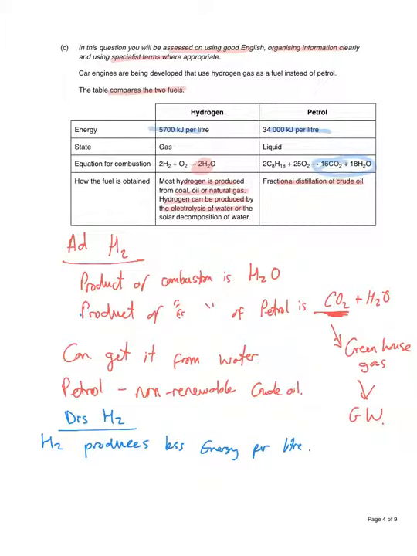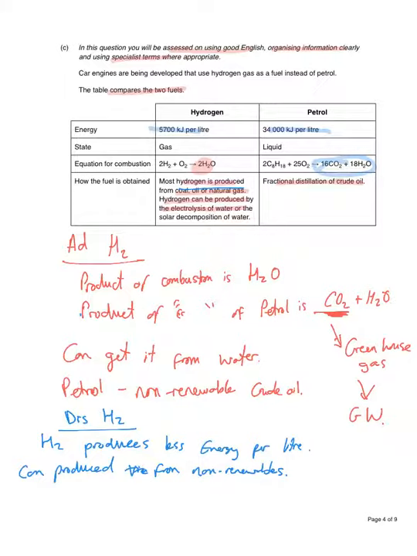Okay. Another downside is that hydrogen can be produced from non-renewables. Now, if you explain that well enough using specialist terms, that should get you most of the marks.